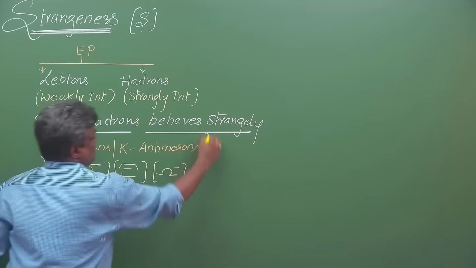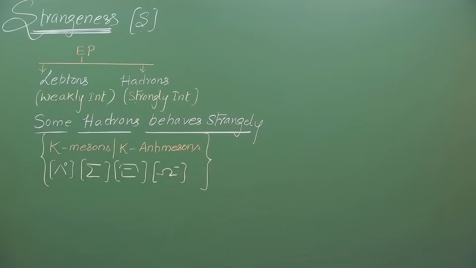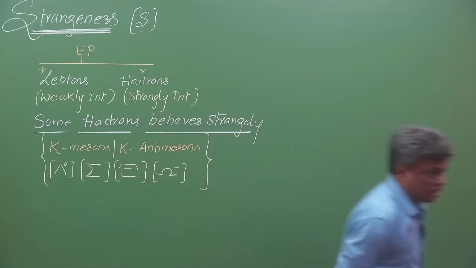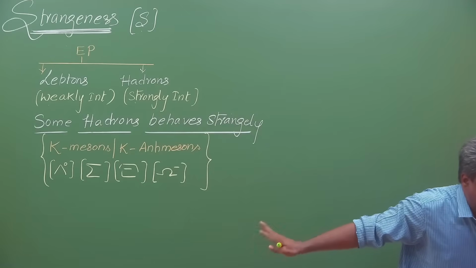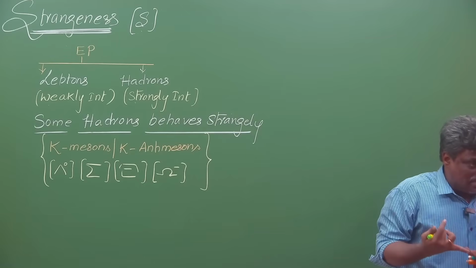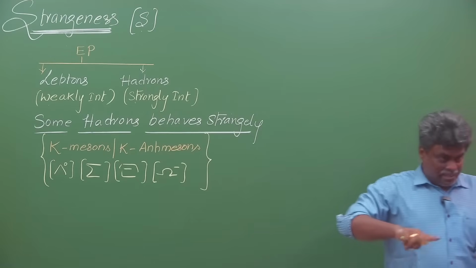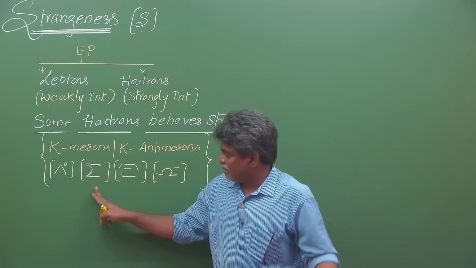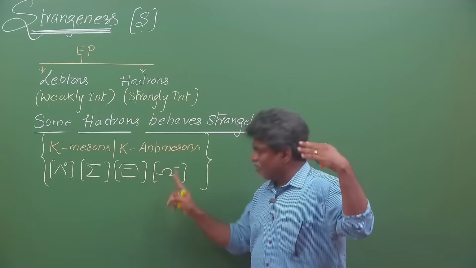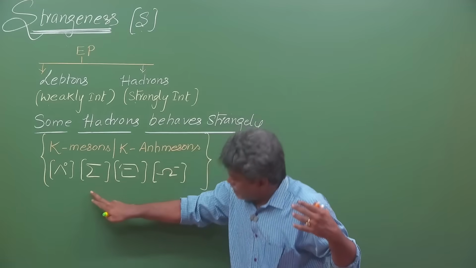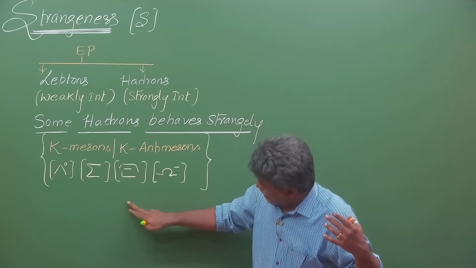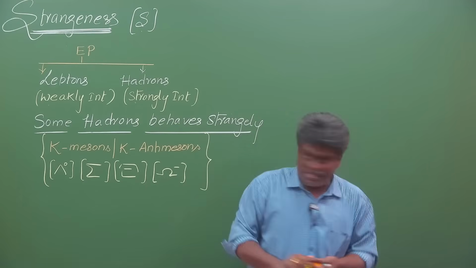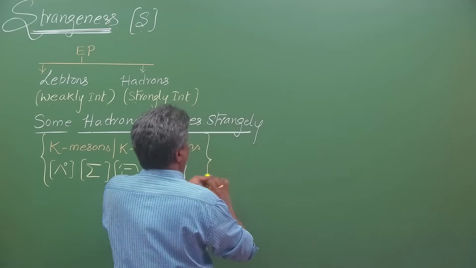All these are strange particles. All hadrons are not strange particles. Only these are strange particles: K mesons, and here sigma plus, sigma naught, sigma minus, cascade naught, cascade minus. Clear? Only these are strange particles and these are all called hyperons.